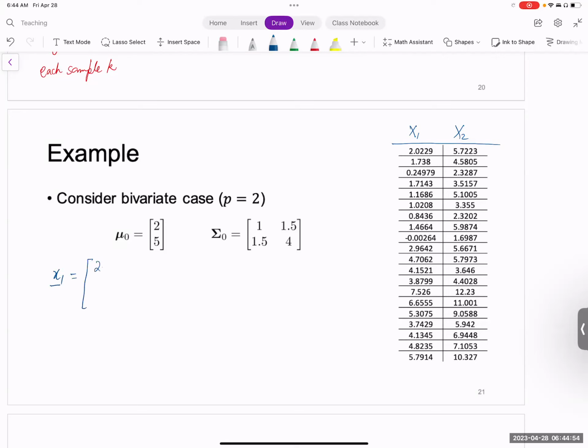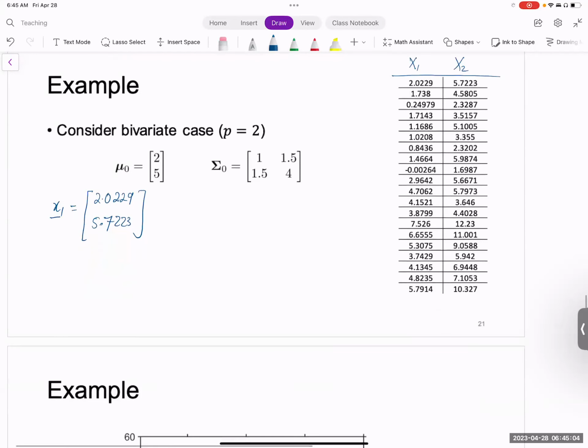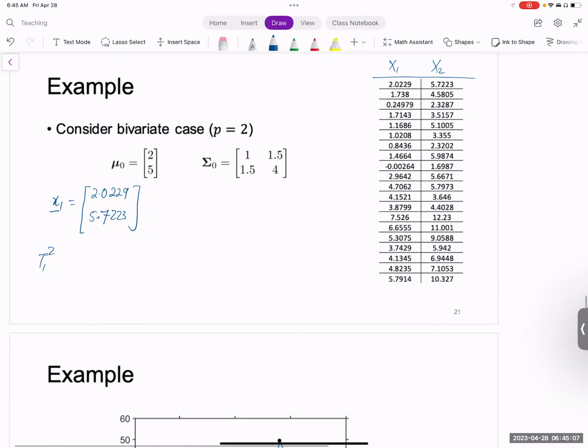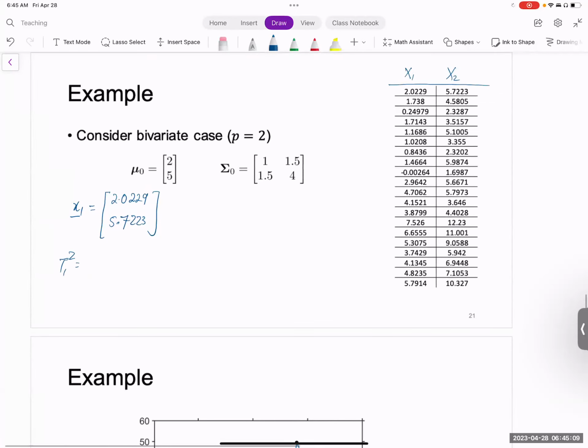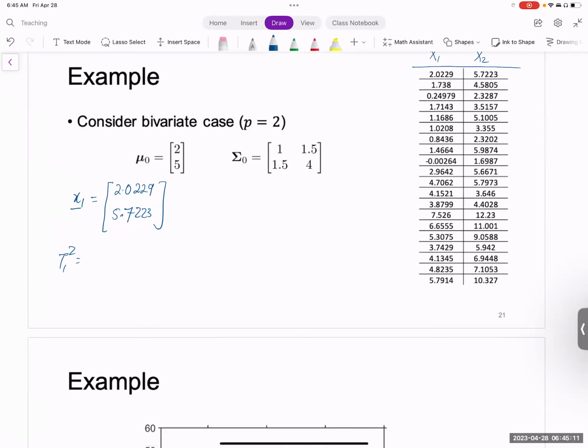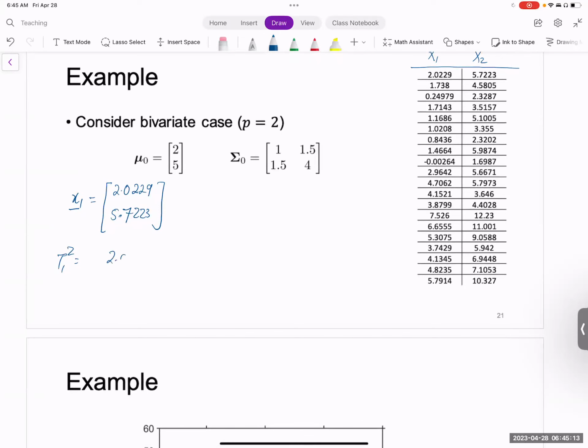This is nothing but 2.0229, 5.7223. So I have x1 under bar. I can compute T1 squared. This is equal to 2.0229, 5.7223 minus 2, 5.